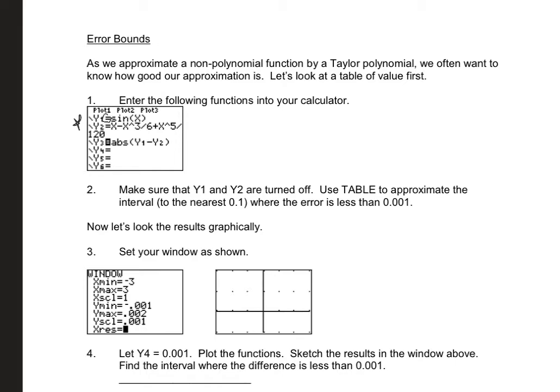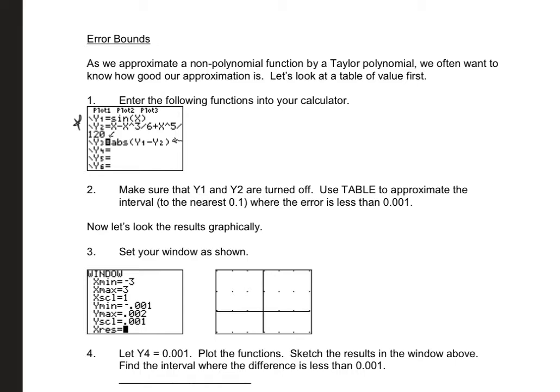Notice that we have unhighlighted these, but this is highlighted, where we have the absolute value of y1 minus y2. So what we're going to see on our graph is this error. This is just showing us visually the graph of the error. As it says in number 2, turn off the y1 and y2.